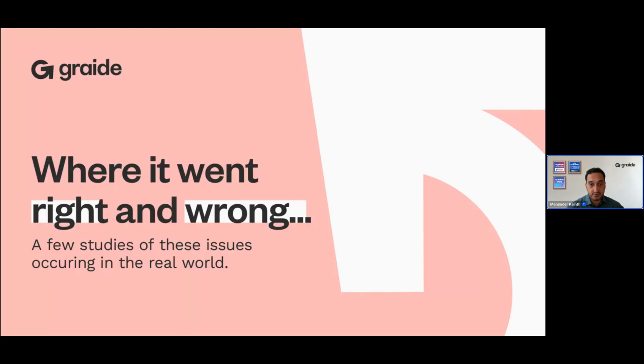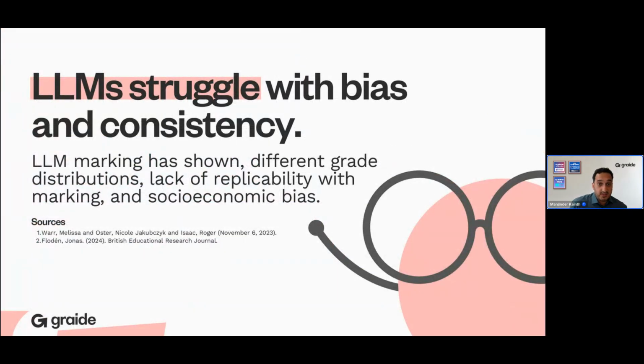Now, what I want to do here is actually give some examples of where it might have gone right and where it might have gone wrong. The first example here is an example of people using large language models to help grade work. Now, in the two sources that I've listed here, these are scientific papers.